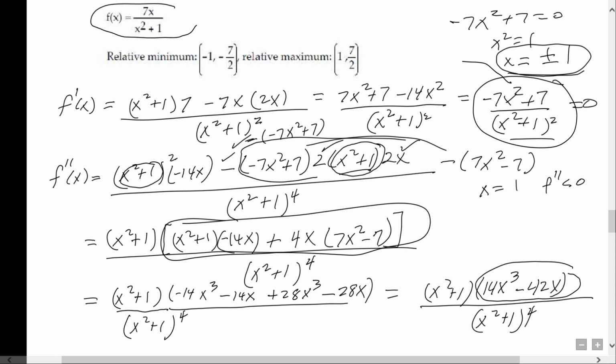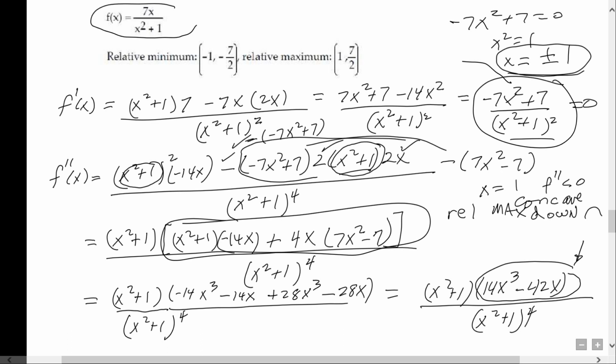Plugging in 1 here, so that it is concave down, which means it's a relative max.